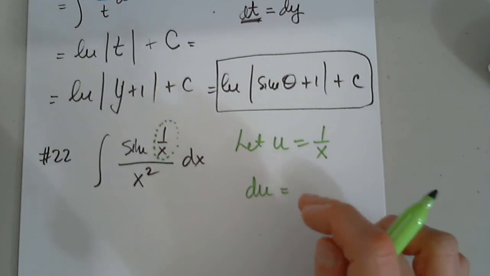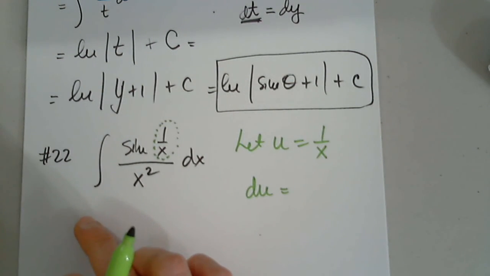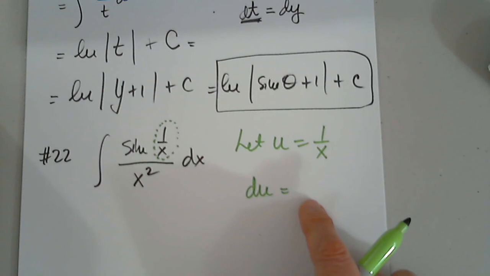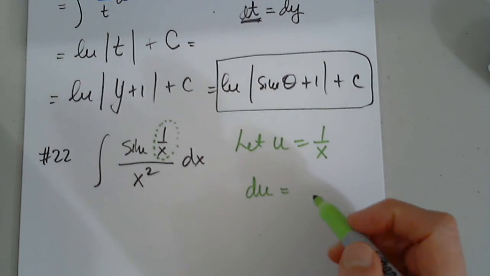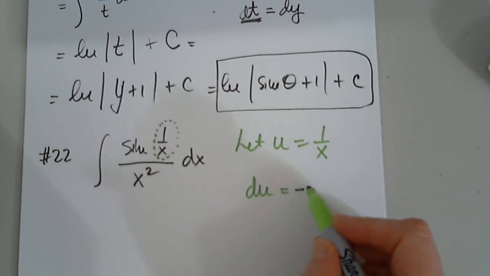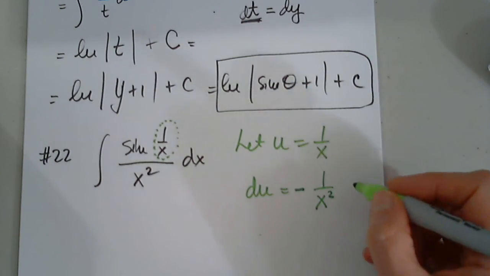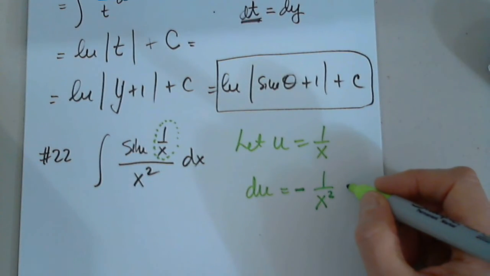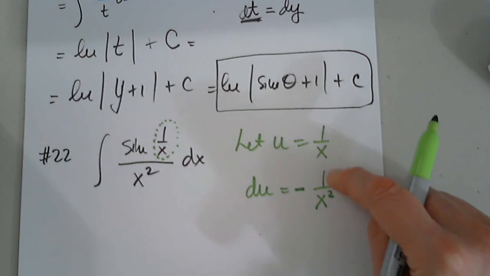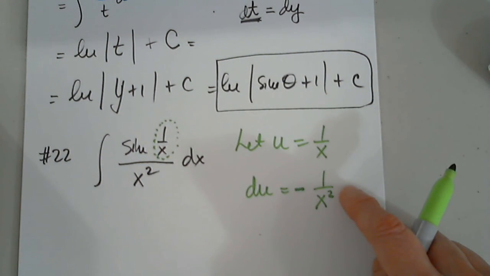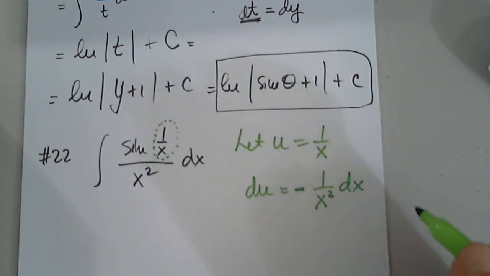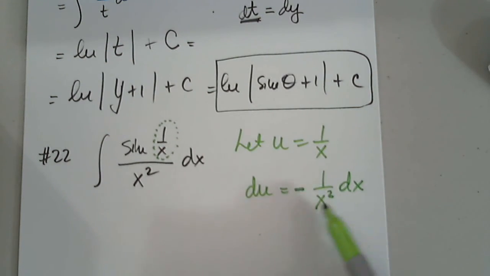I know it's confusing. Now we're differentiating, not integrating. So, is that 1 over x squared? But remember with negative. Negative. Yes, and what else? But this is in x. I cannot have x dy. Dx. Very good, awesome.